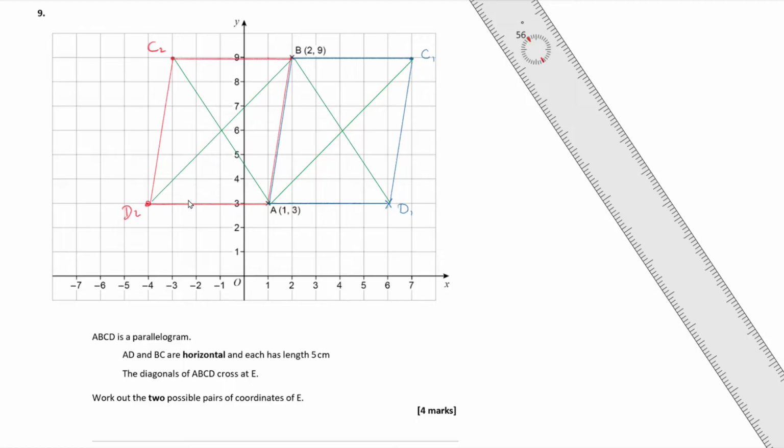So you can see the points then. I've got a possible point here, I'm going to call E1, and then this one over here, I'm going to call E2. So the coordinates of E1 are 4, 6, and E2 is minus 1, 6.